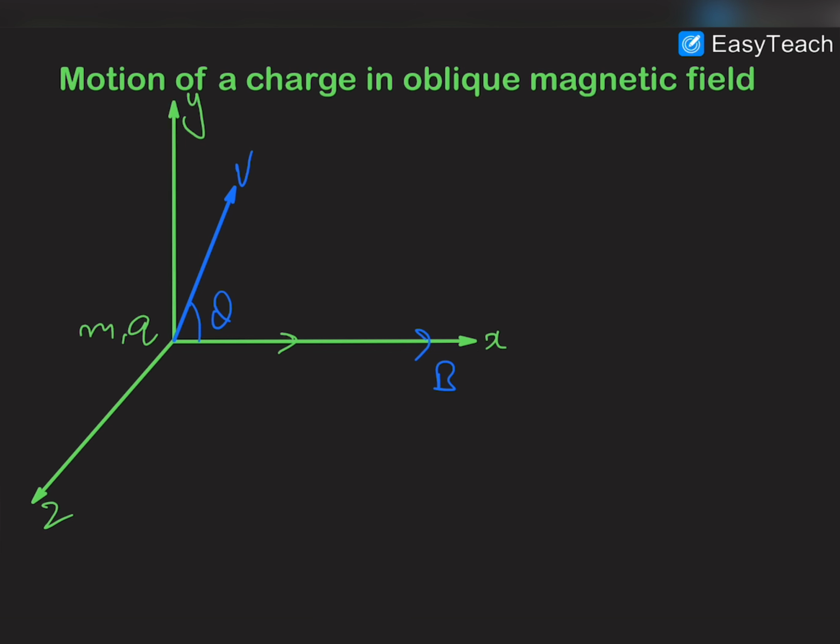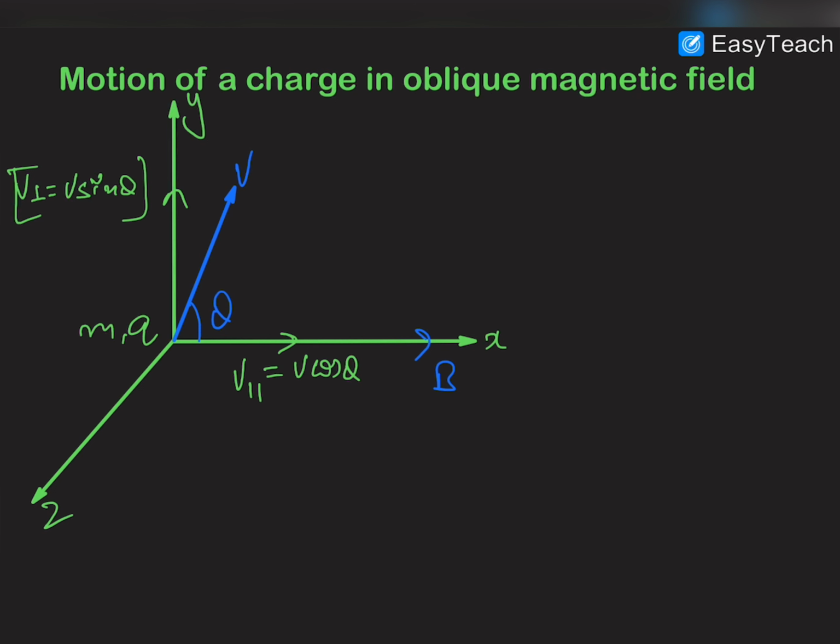The first component is along the magnetic field, and we are denoting it by V parallel, and V parallel will be V cos theta, and the other component V perpendicular will be V sin theta. These are the two components of the velocities.